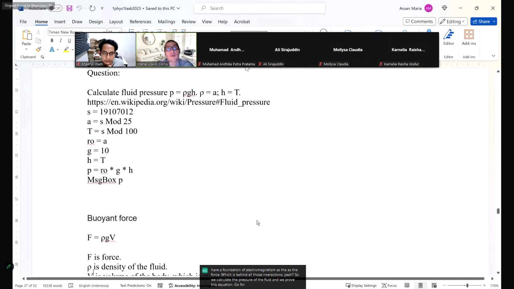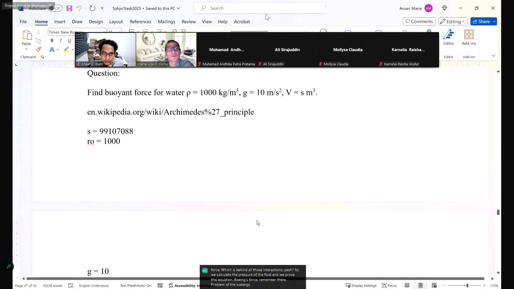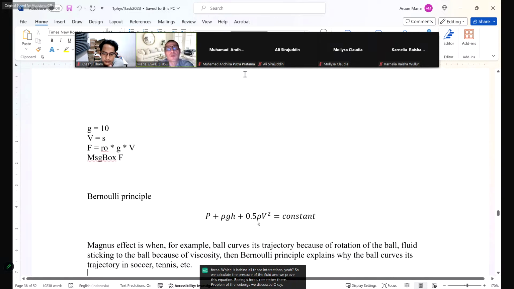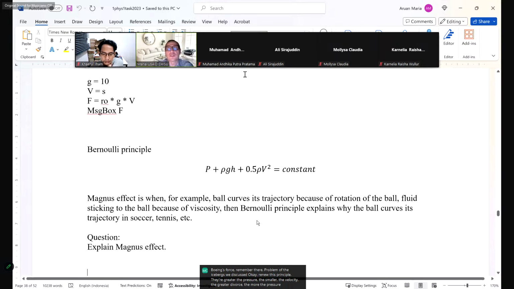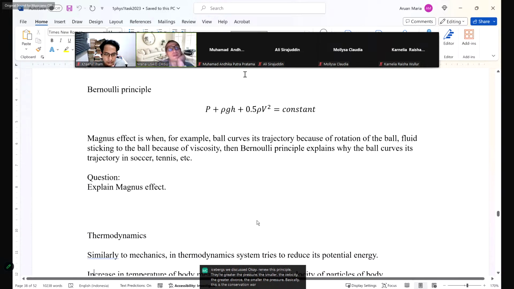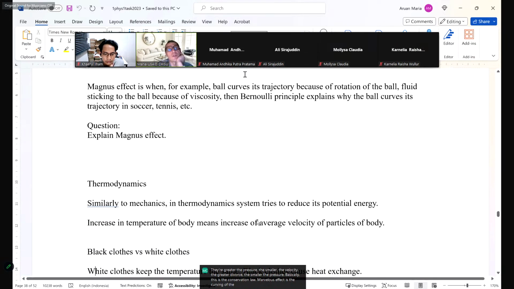Buoyant force: remember the problem of the icebergs that we discussed. Okay, Bernoulli's principle: the greater the pressure, the smaller the velocity; the greater the velocity, the smaller the pressure. Basically, this is a conservation law. The Magnus effect is the curving of balls, for example.